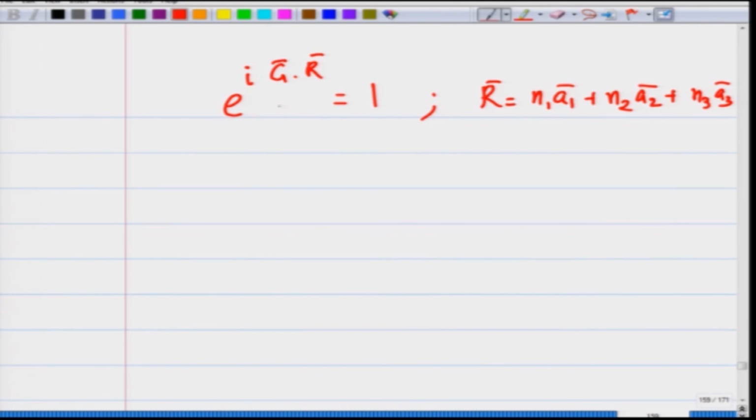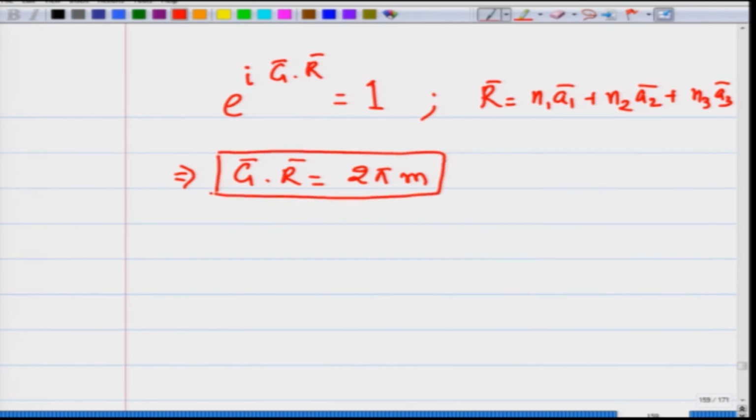And this condition that e raised to i G bar dot R bar should be equal to 1 implies that G bar dot R bar should be equal to 2 pi times some integer. If you take G bar dot R bar equal to 2 pi times some integer, then this will satisfy this condition.